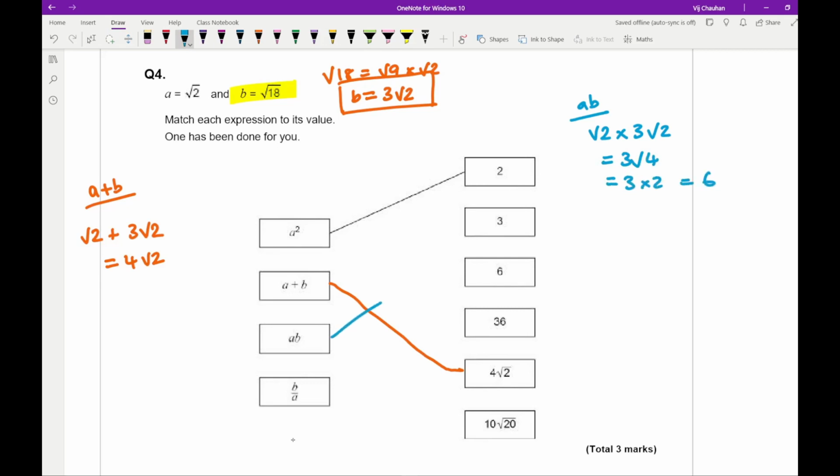So that is going to go there. And then our final one, we've got B over A, which is 3 root 2 over root 2, in which the root 2's cancel. So we're just left with 3. So this needs to go to that one there.